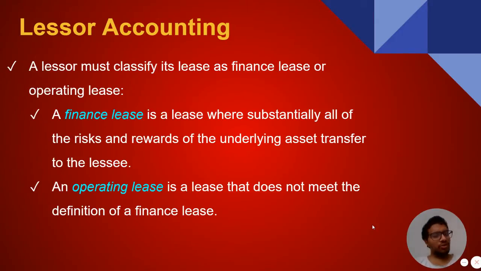So all the risks and rewards of the underlying asset are with the lessee. In case of an operating lease, the risks and rewards are not with the lessee. There are only very minor risks and rewards, but not substantially, okay.